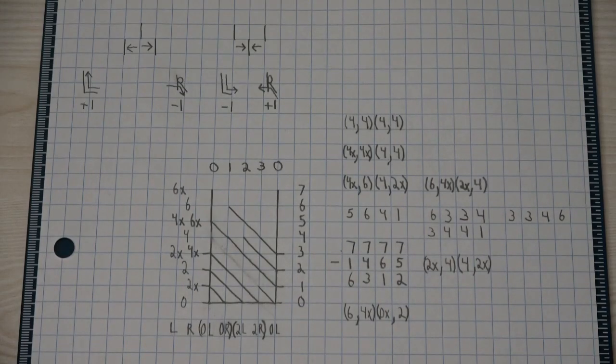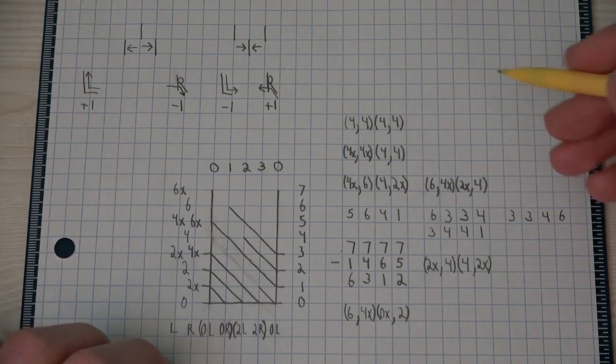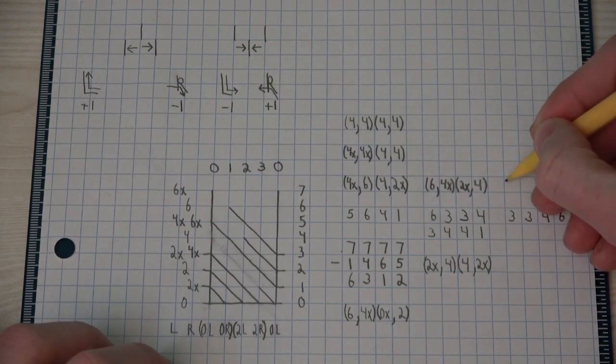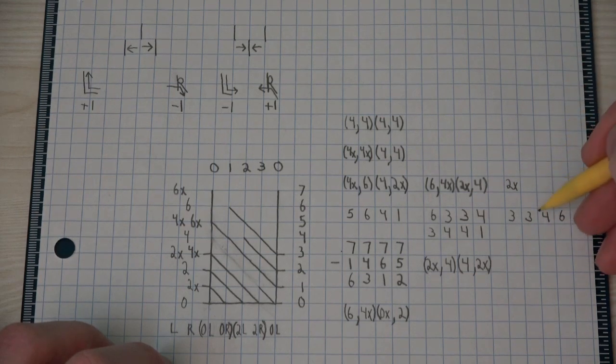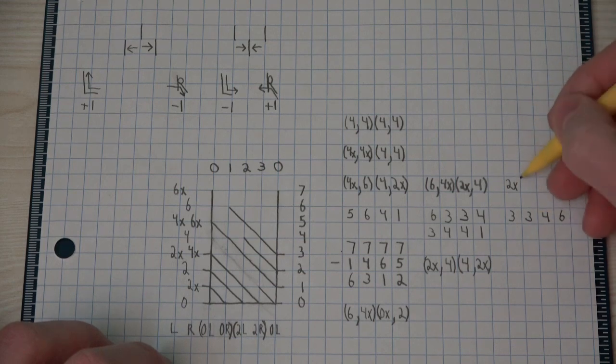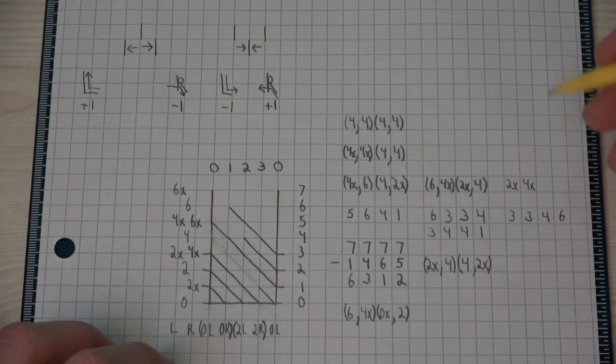To get the corresponding synchronous siteswap, we'll subtract 1 from the left-hand 3 and add an x to get a 2x. We'll add 1 to the right-hand 3 to get a 4x. And we'll keep the 4 and the 6.